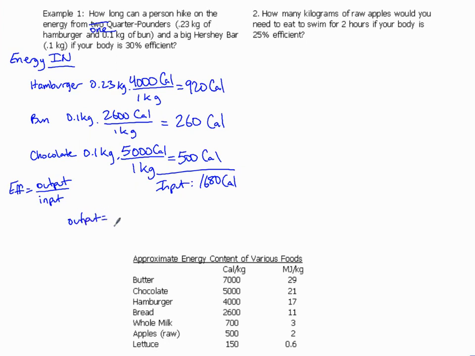So the output is the efficiency times the input. Efficiency is 30%, which is really 0.3, and the input is 1,680 calories. And so the output here is 504 calories.